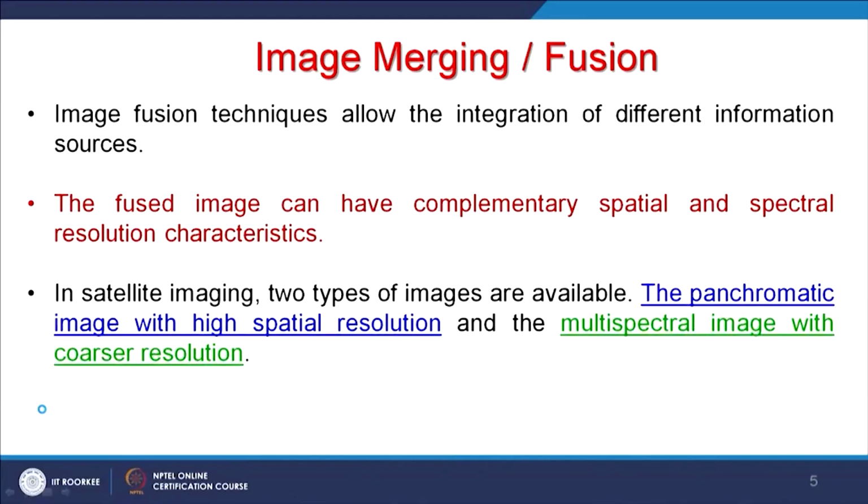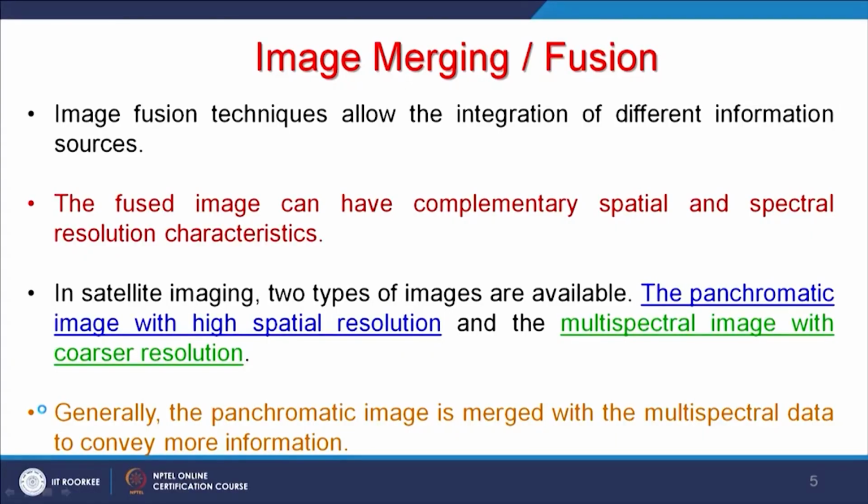As you know, in satellite based remote sensing or satellite imaging, two types of images are available: panchromatic, which has become quite common with high spatial resolution, and multispectral images with relatively coarser resolution. One is panchromatic, that means a black and white image but having high spatial resolution. The other has relatively coarser resolution but has multispectral images, that means I can create colored images. So by exploiting this image fusion or image merging technique, I can exploit the best of both panchromatic as well as multispectral images.